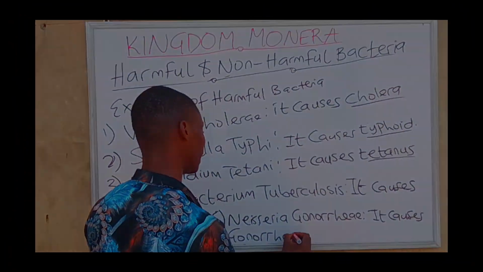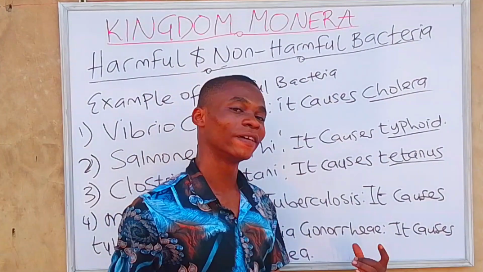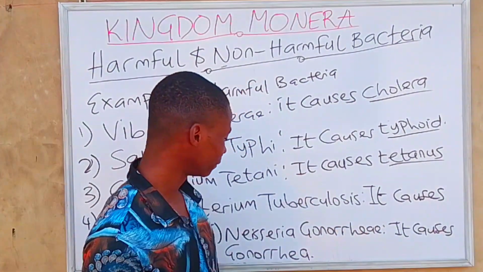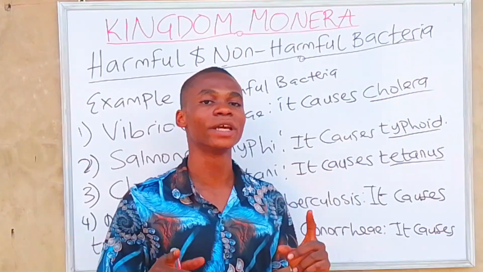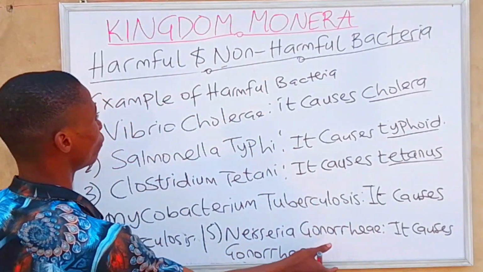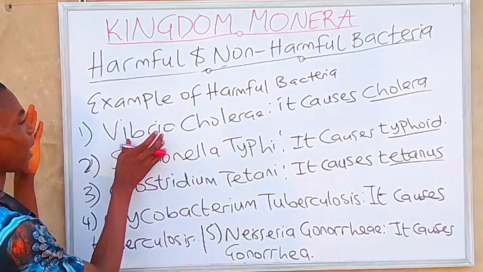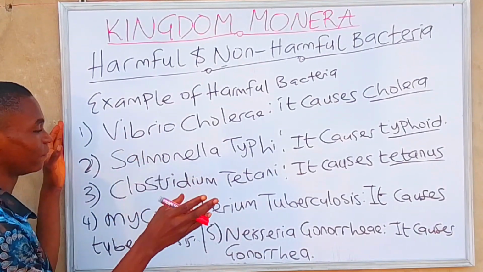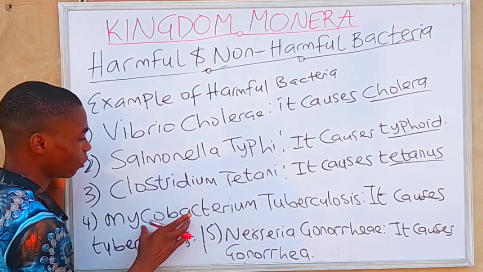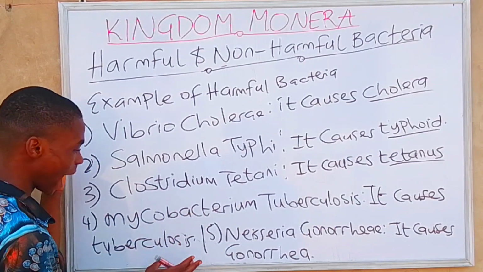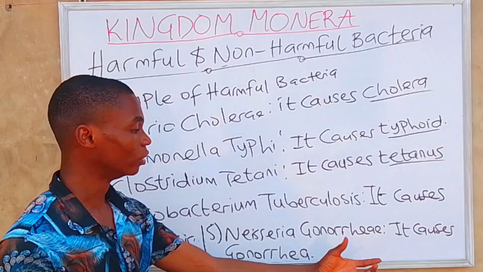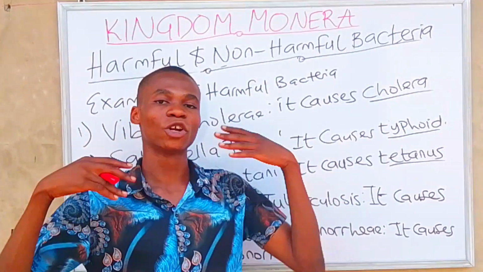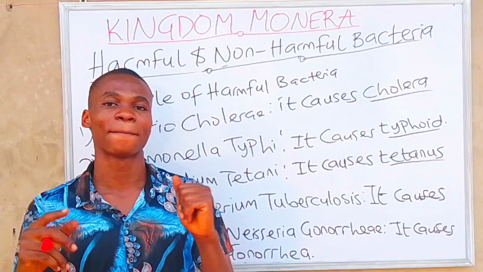So the causative agent for gonorrhea is Neisseria gonorrhoeae. So now these are the harmful bacteria. We have Vibrio cholerae, Salmonella typhi, Clostridium tetani, Mycobacterium tuberculosis, and Neisseria gonorrhoeae. So now let's move to the non-harmful bacteria.